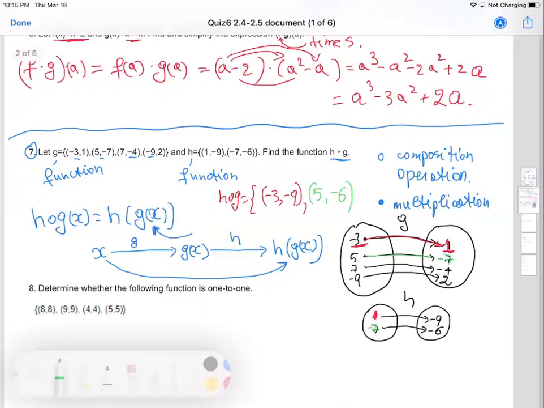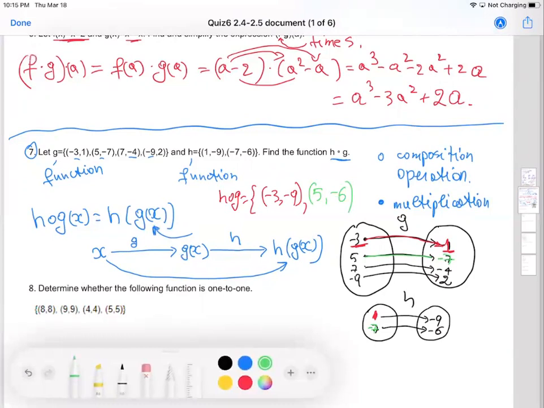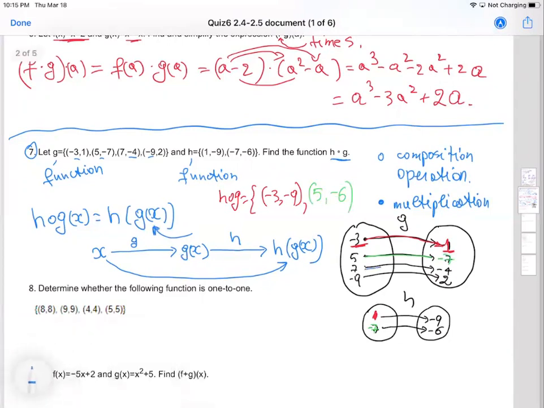Let's look at 7. 7 is mapped to -4. But h does not have -4 in its domain. So h does not pick up -4 to map it to another number. So therefore, 7 is not mapped to anything from h composed with g. So we won't have any ordered pairs with 7.